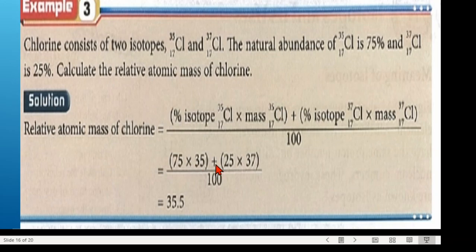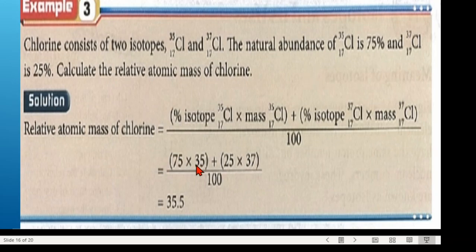Okay, and then you plus the natural abundance percentage of the isotope chlorine-37, which is what? 25%, 25, times the mass. The mass is 37, the nucleon number 37.